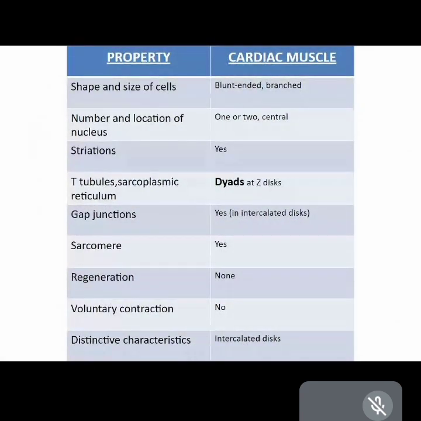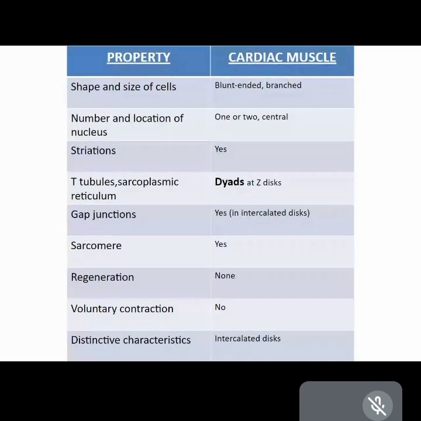So the shape of cells are blunt-ended and branched. The nucleus is one or two and centrally located, unlike the skeletal muscles, where it's peripherally located. It also has striations, and it is not a triad but a dyad at the Z disc.